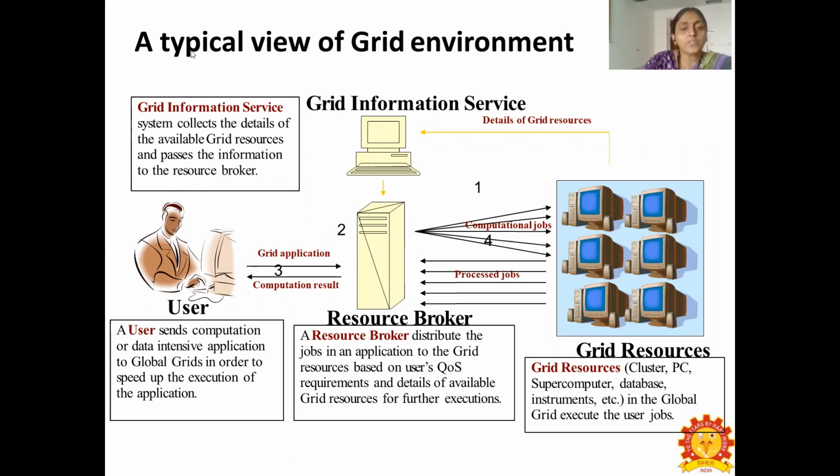So the quality of service attributes enhance the performance of the grid. And this resource broker is responsible for allocating the jobs to the appropriate grid resources based on the requirement. And the availability of the grid resources will decide the allocation of the appropriate grid to the user.